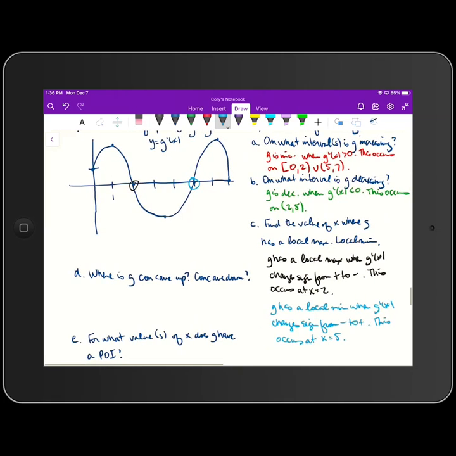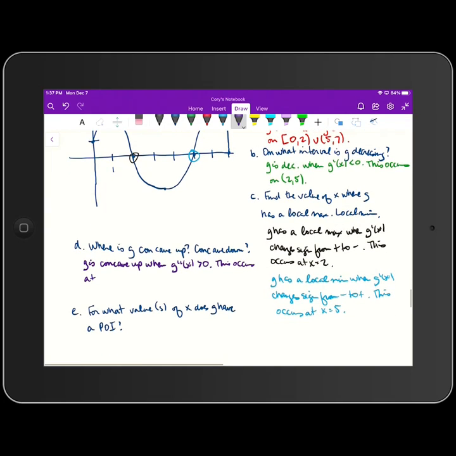Okay, let's do concave up and concave down. Let's do the definition part of that first. So G is concave up when G double prime of x is greater than 0, and this occurs at, we'll figure that out in 1 second.